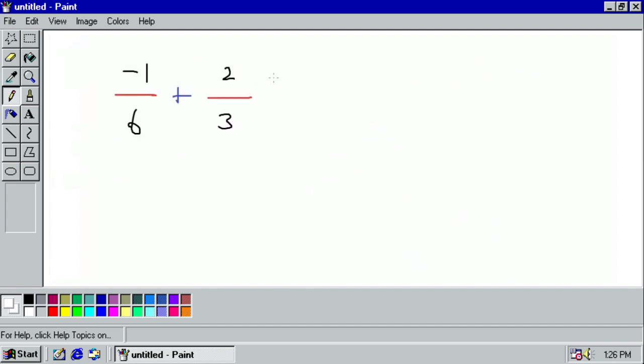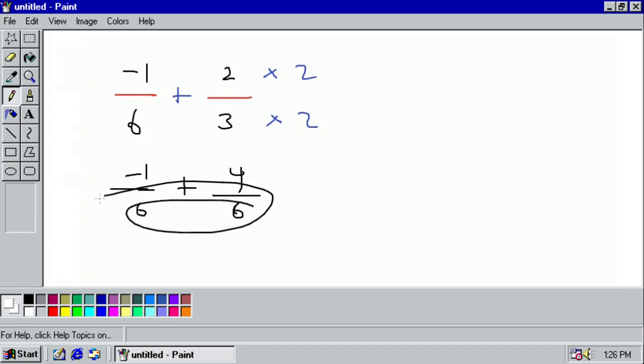So try it if you want to. As you can see, we can make 3 a 6 by multiplying by 2. So we also need to multiply it on the top part. So we have -1 over 6 plus 4 over 6.